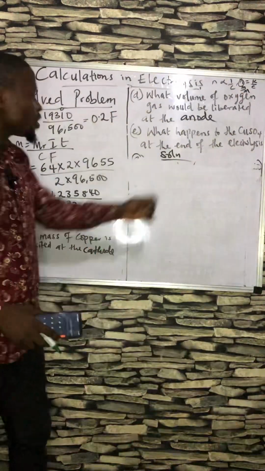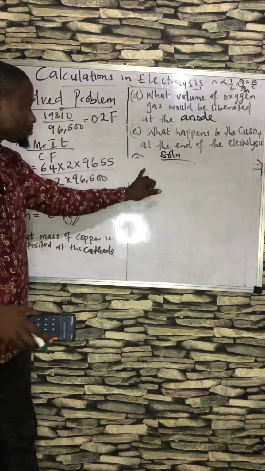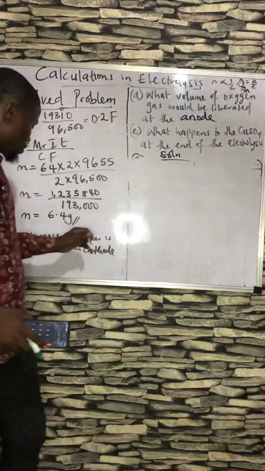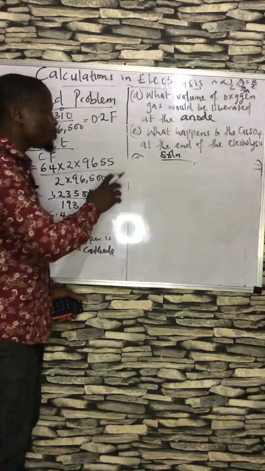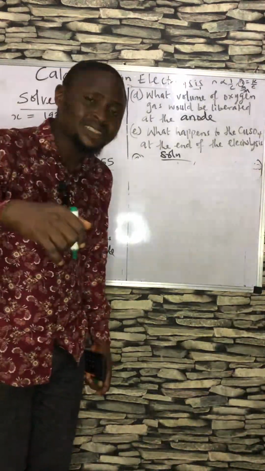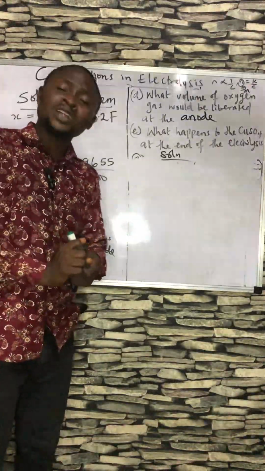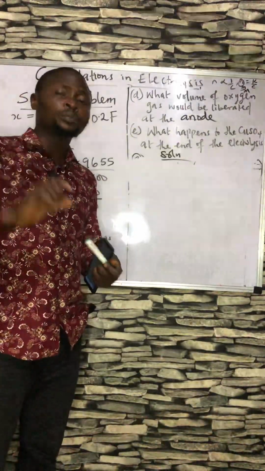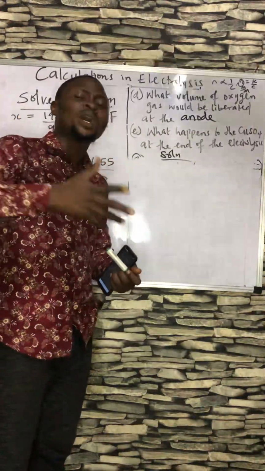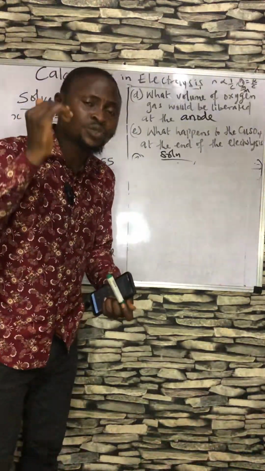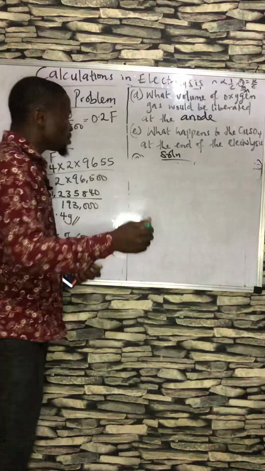All right? So it simply means that the amount that we are looking for, the mass, we are interested in the charges that the ion carries. Because according to Faraday's second law, the amount is usually related to the charges on the ions.